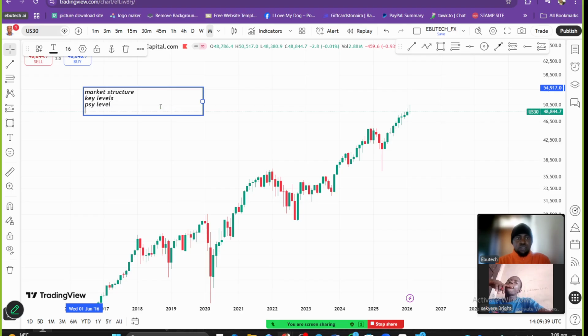Number four, we have our Fibonacci, Fib retracement. Number five, we have our candlestick.